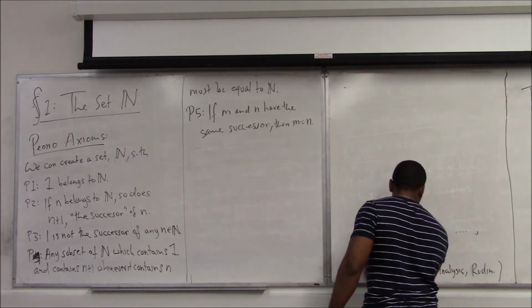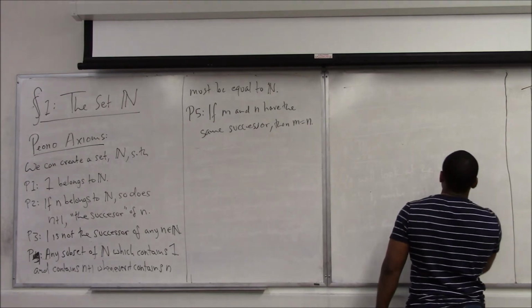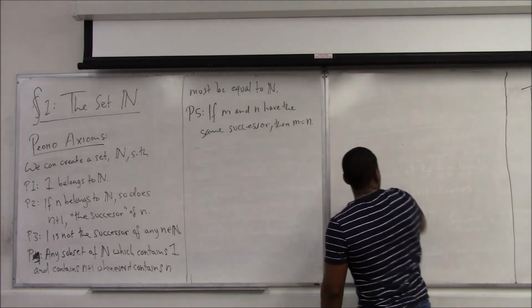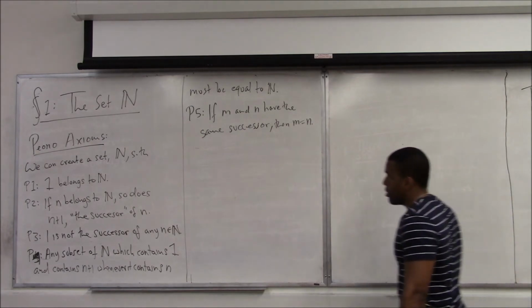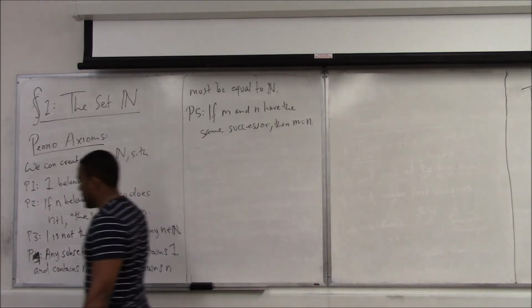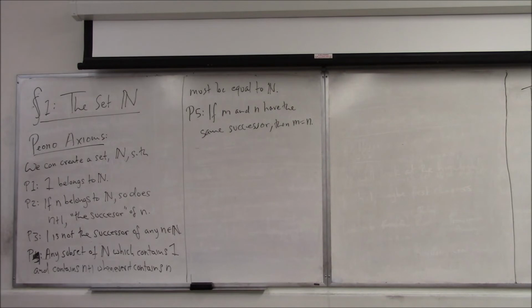This is essentially what it means to be a natural number. So the point of axioms is that, one, they should seem obvious. If it feels like I wrote down things that are obvious to you, that's good. It's a good set of axioms.